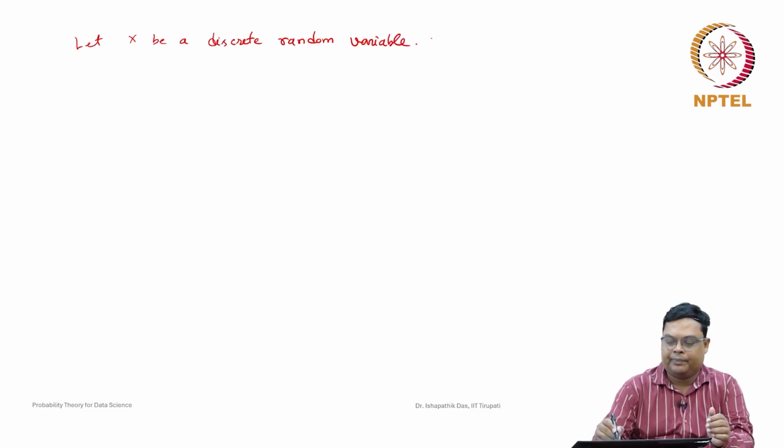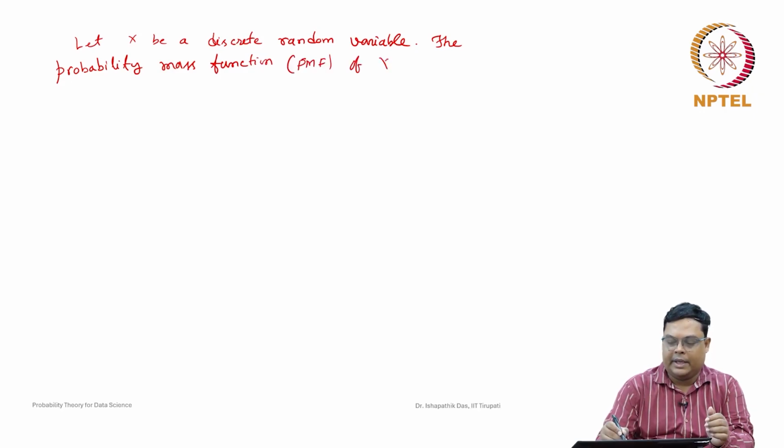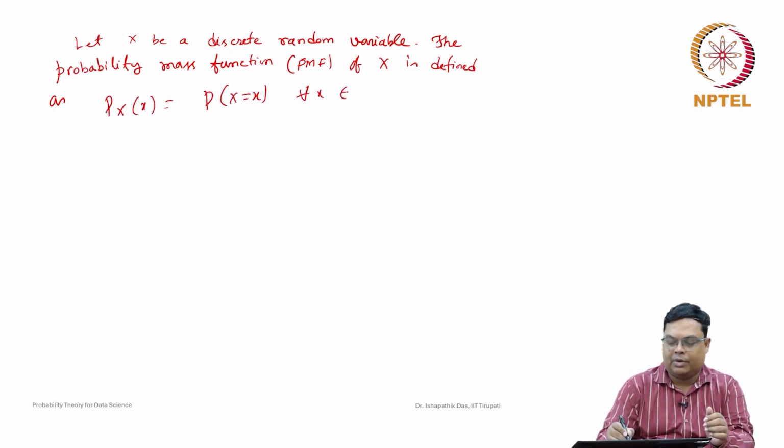We define the probability mass function, PMF of X, as P_X(x) equal to the probability that X is equal to x, for all x belonging to the real numbers.